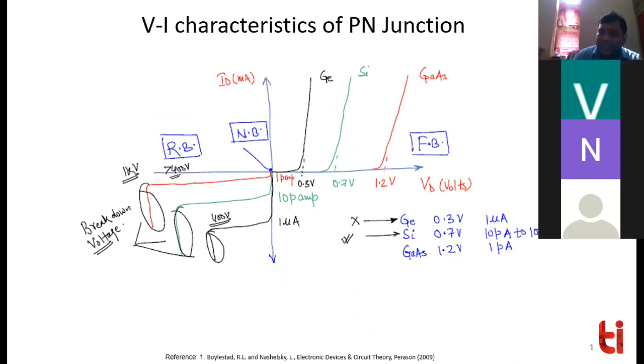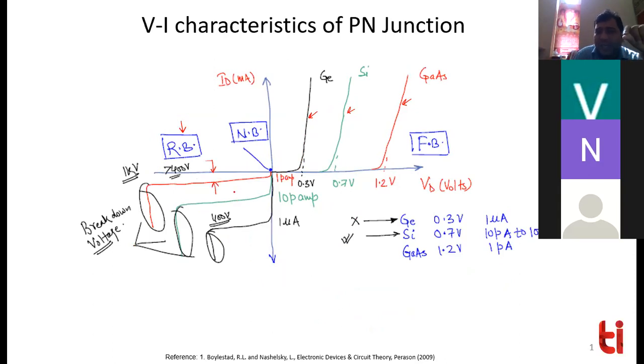In case of germanium, since the knee voltage is less, the exponential behavior of the current will come earlier than in silicon, and in silicon it comes earlier than in gallium arsenide. Similarly, we have seen the reverse bias conditions: in case of gallium arsenide, you have fewer minority charge carriers, so you have a smaller IS.